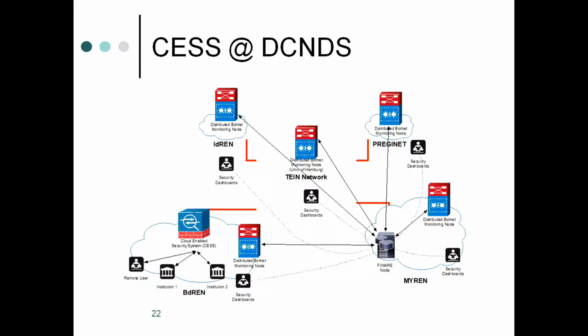By setting it up at the BdREN premises, we'll be able to provide services to all these institutions, which have, I think, more than 100,000 users in total. Okay, so that is our main objective of this project for this part only.